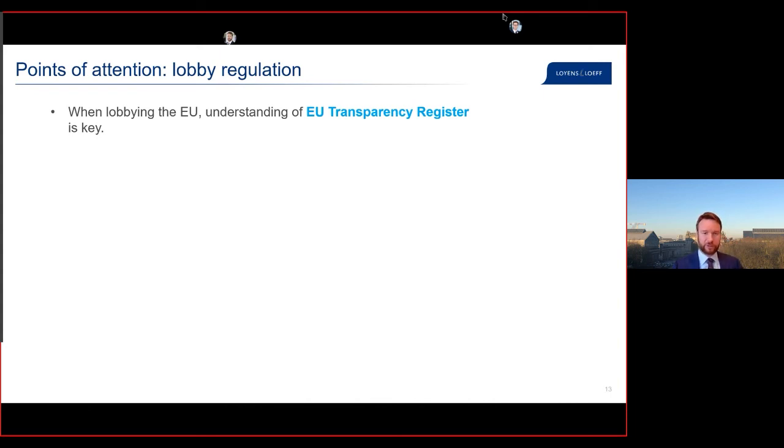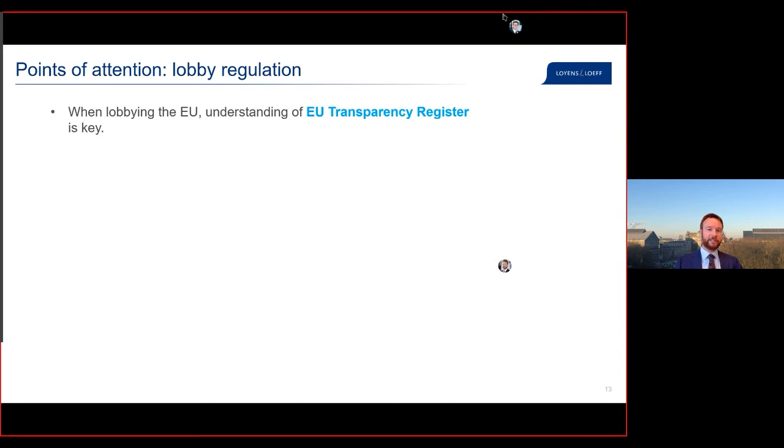But there's also another element that is becoming increasingly important, and that is the EU Transparency Register. What is this? It has been in existence for over 10 years. It's an online register in which entities, companies and interest representatives are invited to register themselves when they want to interact with the EU institutions, when they engage in lobbying.